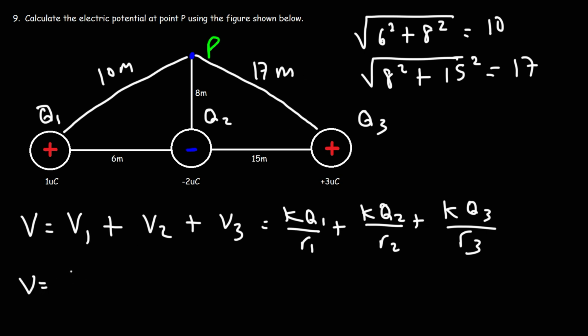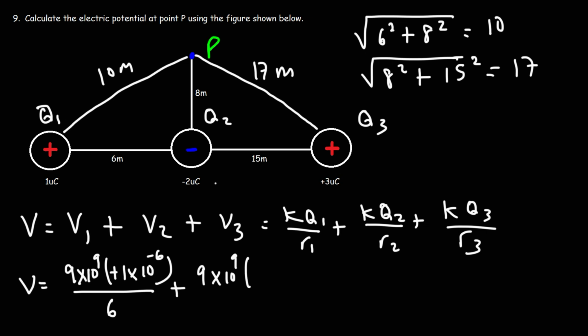So V1 is going to be K times Q1. Q1 is positive 1 times 10 to the minus 6 divided by R1. R1 is 6. V2 is going to be K times Q2. This time you need to take into account the negative sign. So you got to plug in negative 2 times 10 to the minus 6 over R, which is 8.